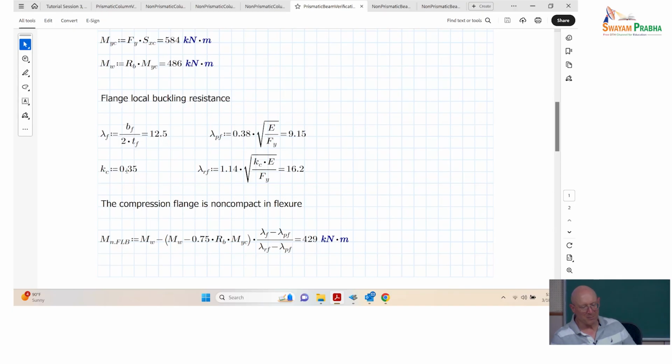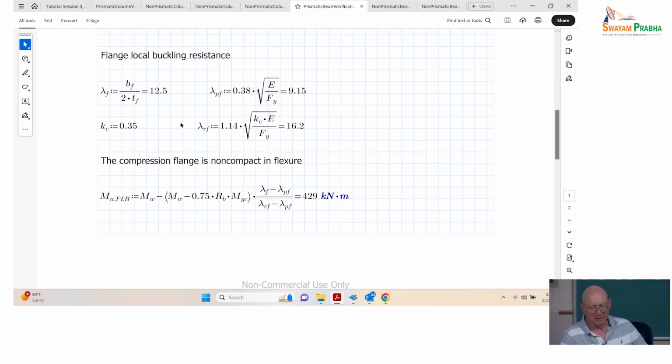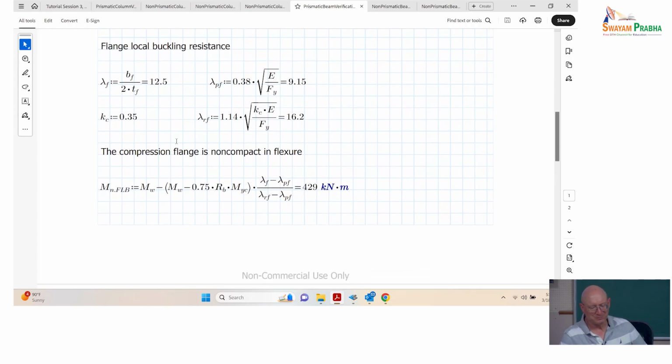we're exceeding the compact limit, but the non-compact limit is given by this equation for flexure, KC is 0.35. That's 16.2, so we basically have a non-compact flange, or essentially class 3 in Eurocode or Indian code.